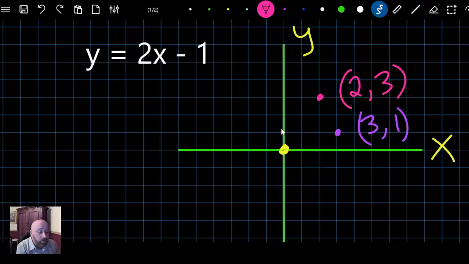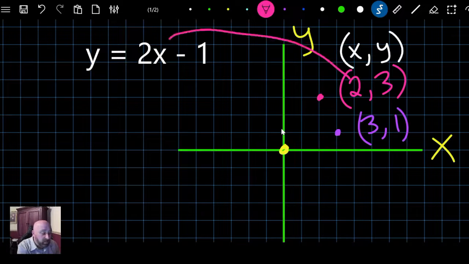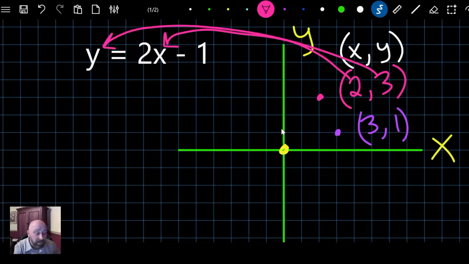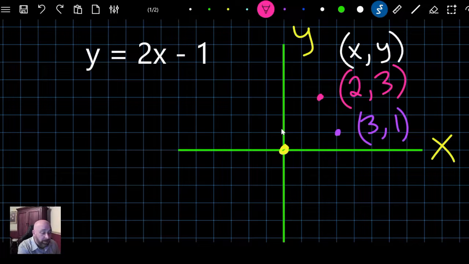So how are we going to do this? Here's what you do. Remember that this is the x and this is the y, right? So the first one is the x and the second one is the y. So let's take the 2 and plug it in for the x, and let's take the 3 and plug it in for the y. So 3 equals 2 times 2 minus 1.